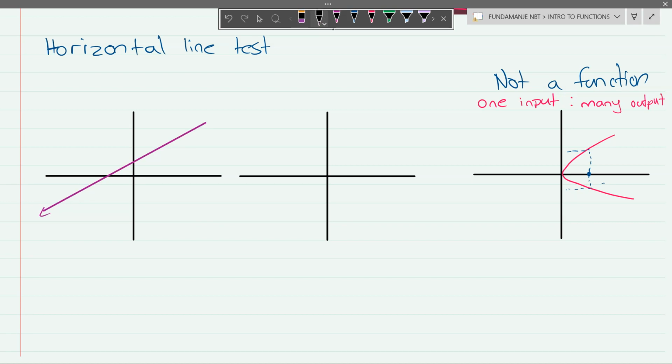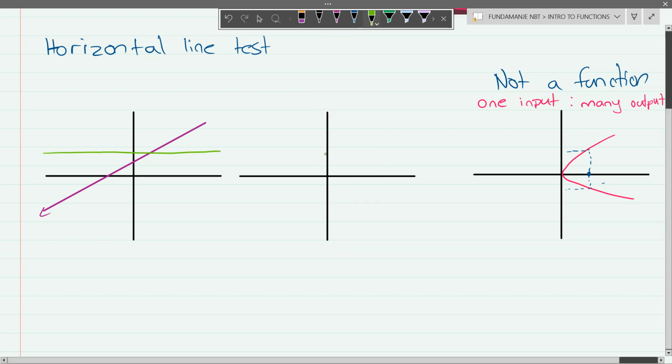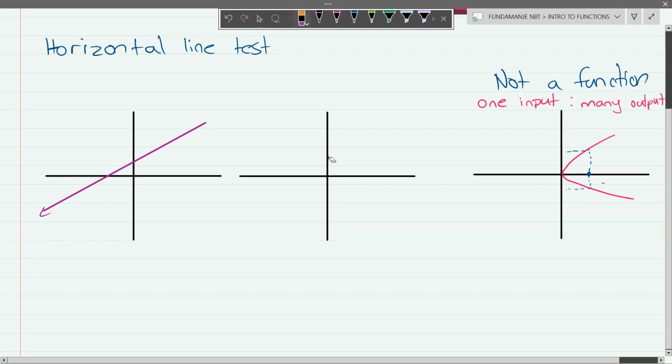We note that if we draw a line at any point on our function like that, we intersect the function only once, which means for each output we have one unique input.